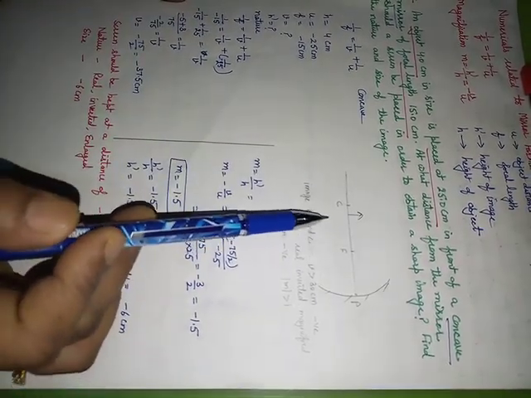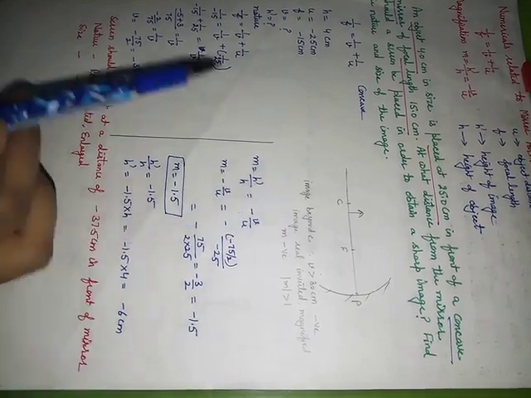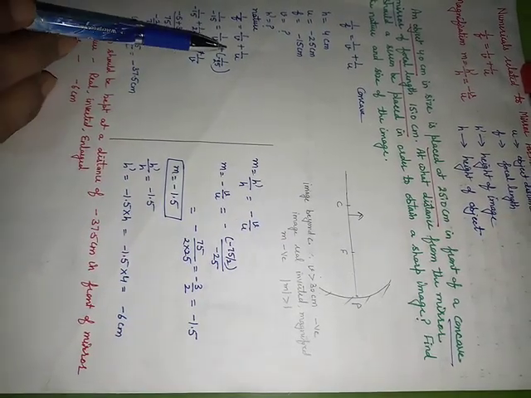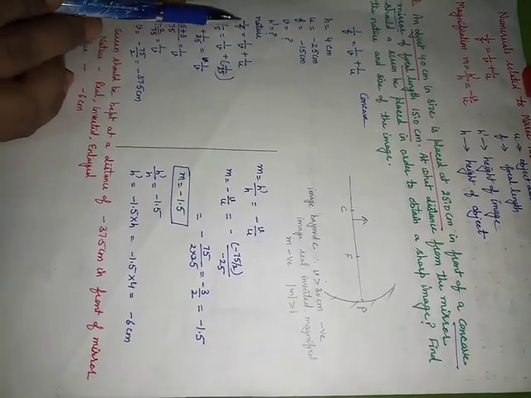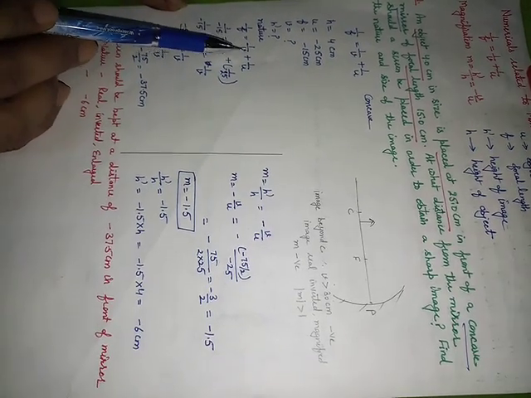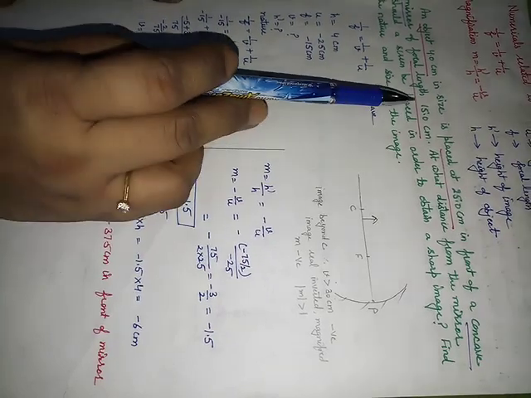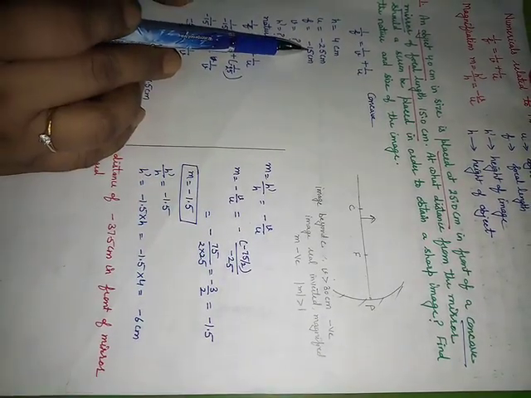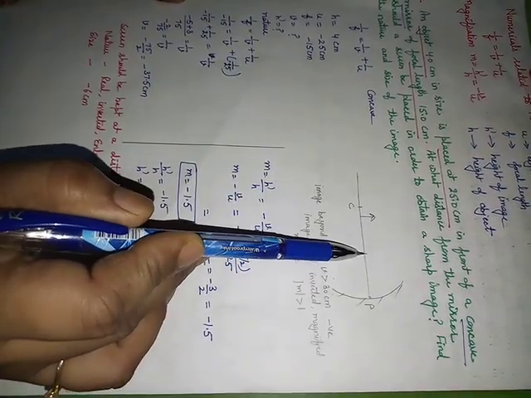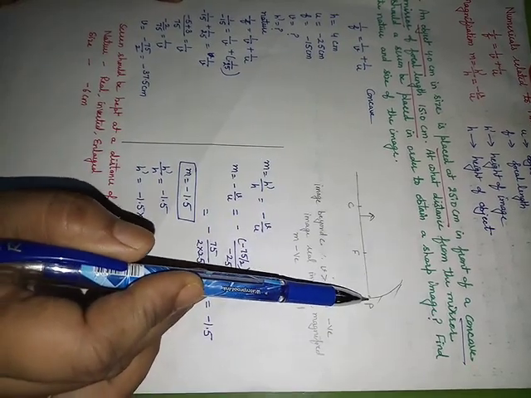Let us see whether we get the same answer or not, using the mirror formula. What is the mirror formula? 1 upon f is equal to 1 upon v plus 1 upon u. For a concave mirror, the focal length will come with a negative sign, because focal length you measure as distance from pole to focus.